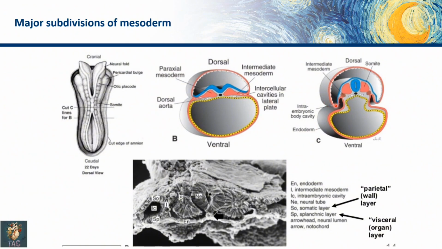The one which is continuous with the amnion is called the somatopleuric layer, and the one which is continuous with the yolk sac is called the splanchnopleuric layer. So these are the three subdivisions of the mesoderm. In this diagram also you can see the somites forming, with the neural tube in its process of completion and fusion.